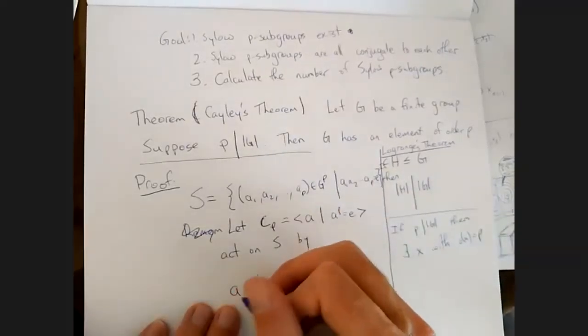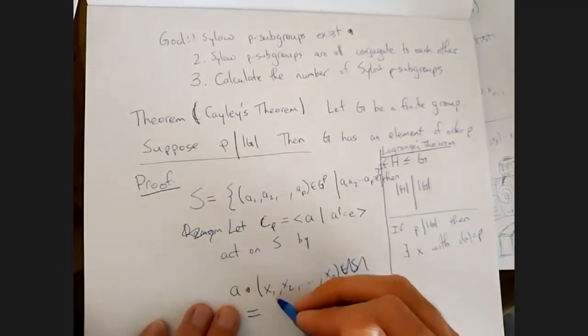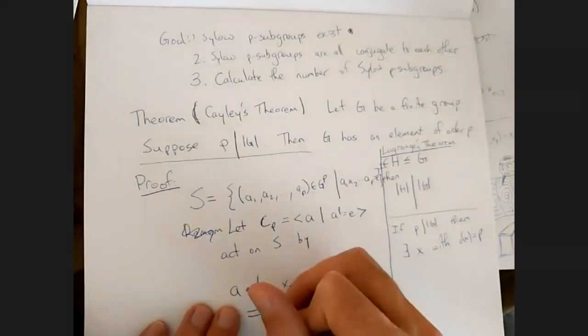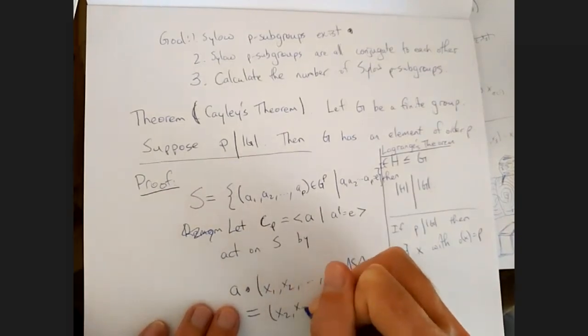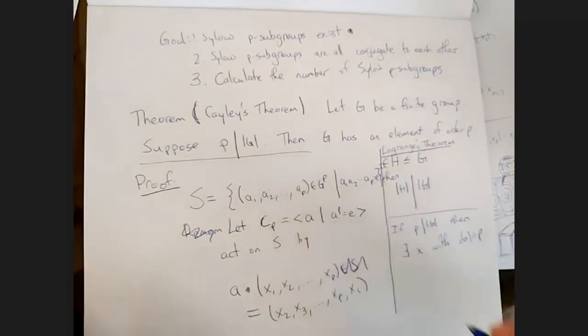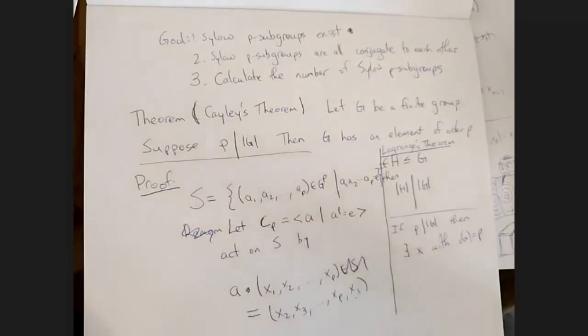So a acts on this p-tuple by just shifting everything to the left, and then putting the first thing at the end.